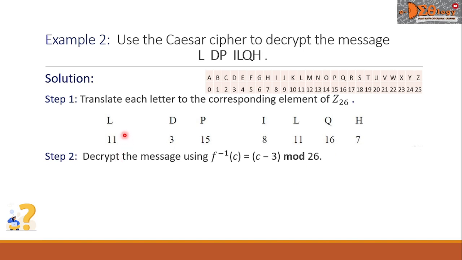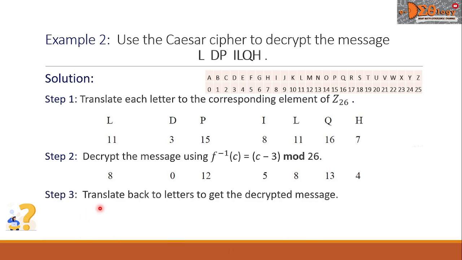So we subtract 3 from 11, that is 8, and 8 mod 26 is 8. 3 minus 3 is 0, 0 mod 26 is 0. 15 minus 3 is 12, 12 mod 26 is 12. 8 minus 3 is 5, 5 mod 26 is 5. 11 minus 3 is 8, 8 mod 26 is 8. 16 minus 3 is 13, 13 mod 26 is 13. 7 minus 3 is 4, 4 mod 26 is 4.